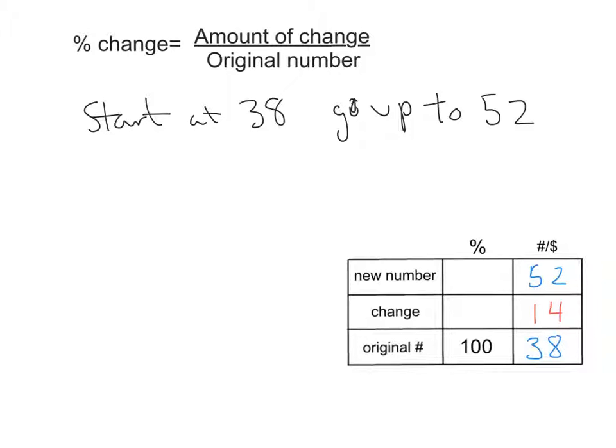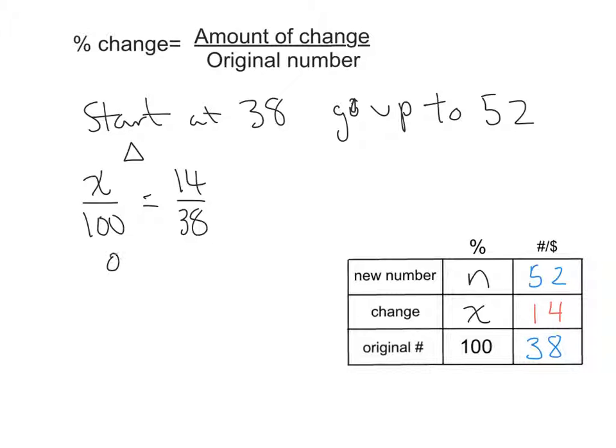What this means is you can write some proportions directly from this chart. So for example, if you were trying to find the percent change, you could now use this chart and use x or n, and I'm going to use different variables since they're different results. If you wanted to find the percent change directly, you could write the proportion x over 100 equals 14 over 38, because this is the change, and I'm going to write a triangle up here because delta, the Greek letter delta, is often used in the math symbol for change.